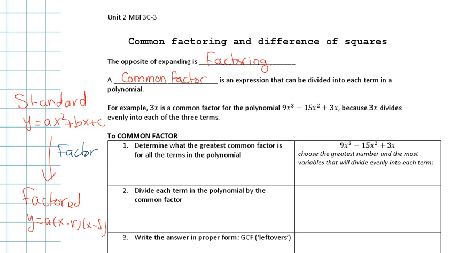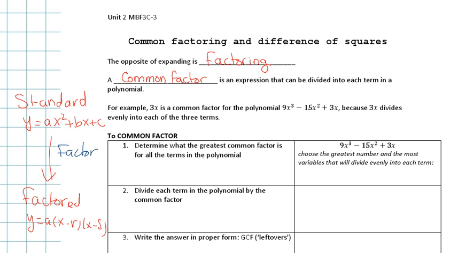So let's think about this. If you look at this example right here, 9x cubed plus or minus 15x squared plus 3x. If you're looking at all the numbers, can you see a common factor for all three numbers?